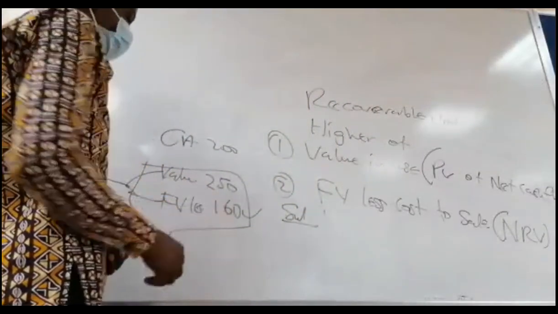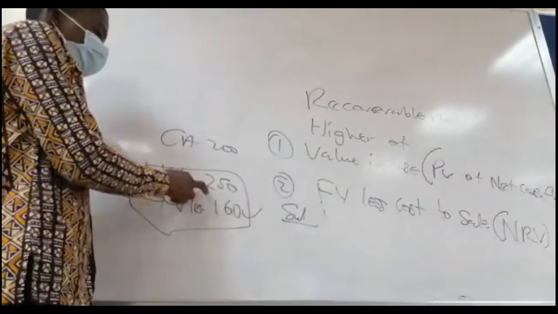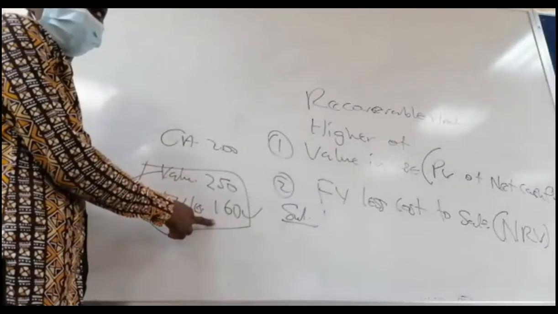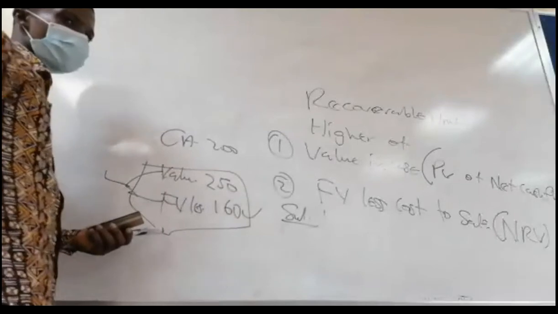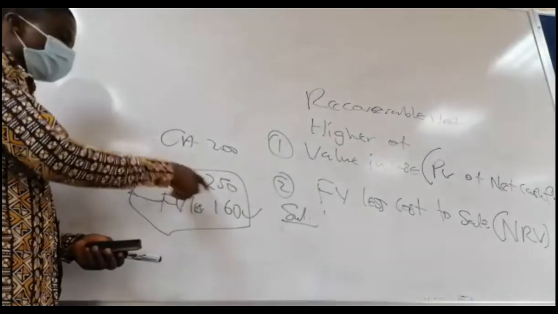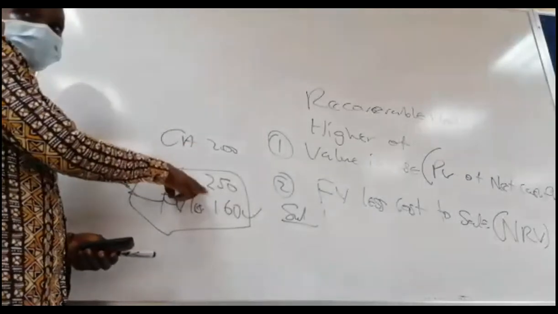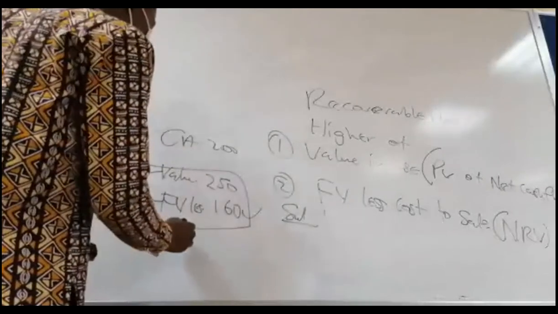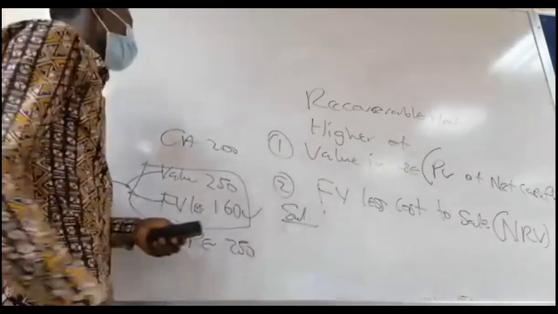So therefore the recoverable amount is 250, because it's more than 160. First we have to find the recoverable amount. The recoverable amount is the higher of the value in use, which is 250, and the 160. Which one is higher? The 250. So therefore the recoverable amount is 250. So let's go and calculate the impairment.